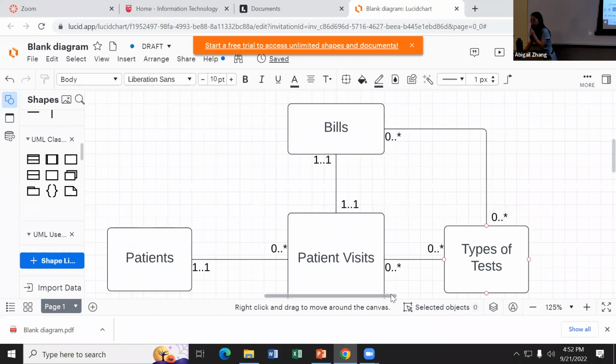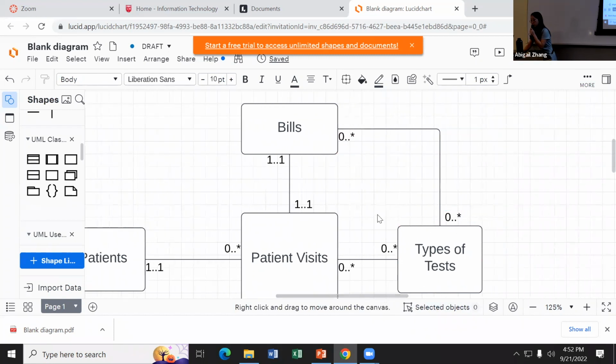And now let me ask you this question. Here, can we theoretically merge bills and patient visits? No. Okay, but why not? Because I would argue that bills and patient visits are essentially the same.